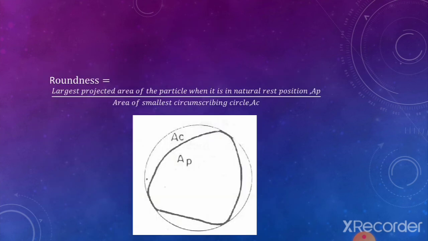It is also given as the ratio of the largest projected area of the particle when it is in natural rest position, that is Ap, to the area of the smallest circumscribing circle Ac, which is shown by this diagram.